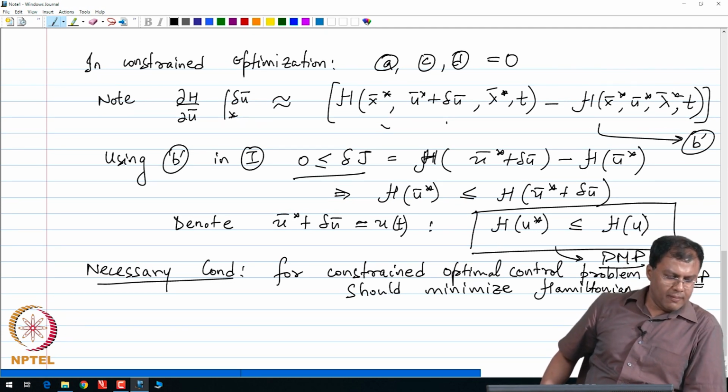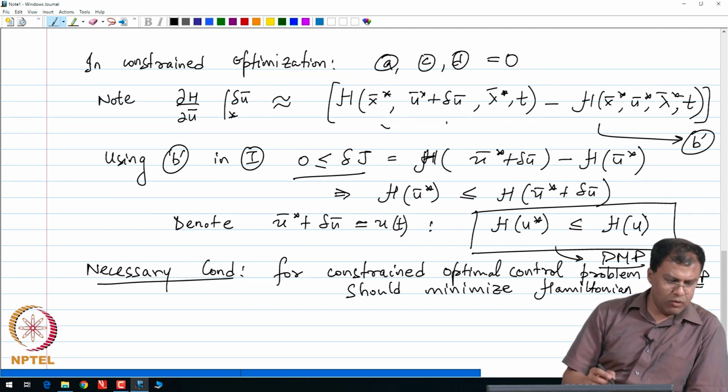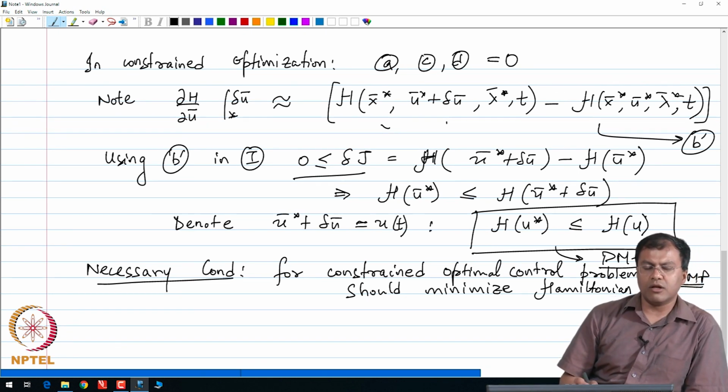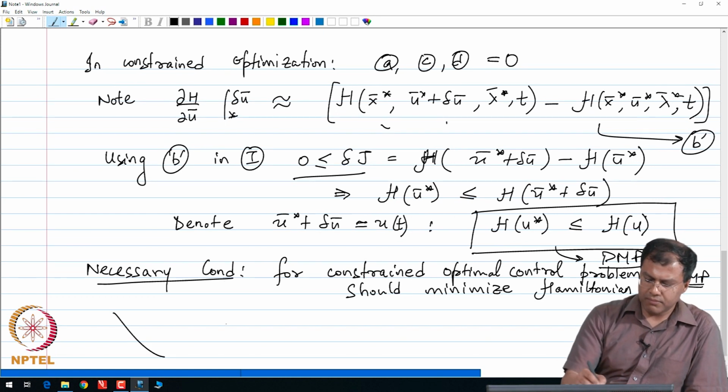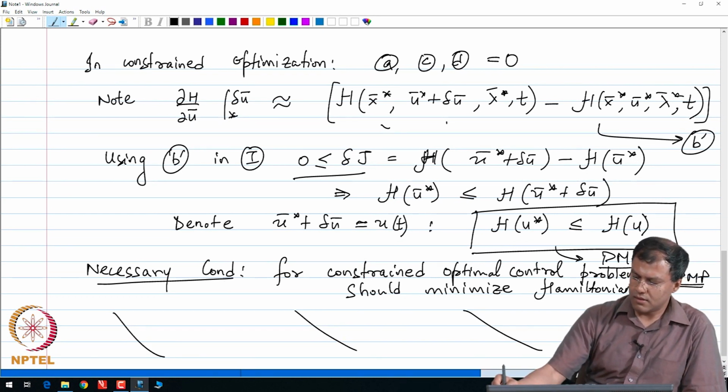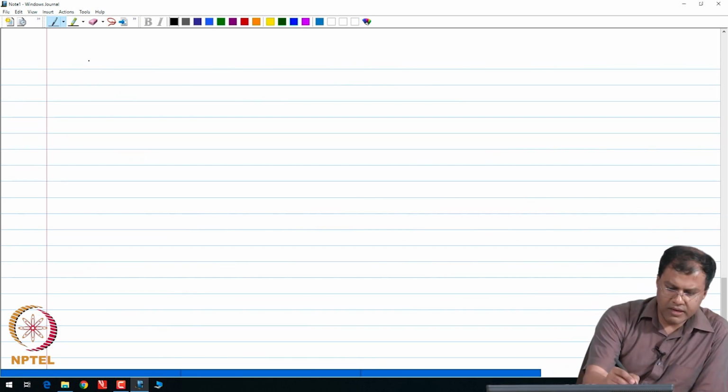Okay. So, let us now look at the solution methodology, starting with the statement of the problem. The summary is as follows.